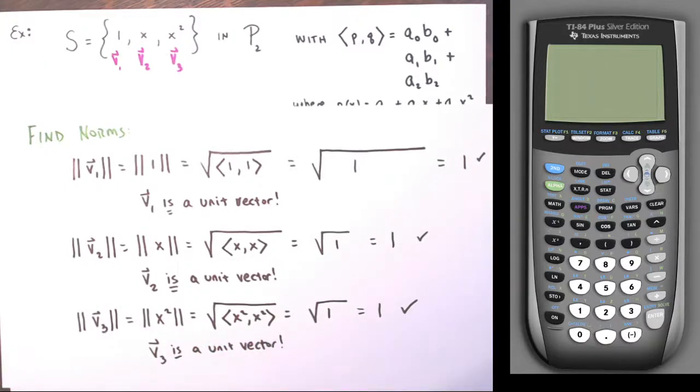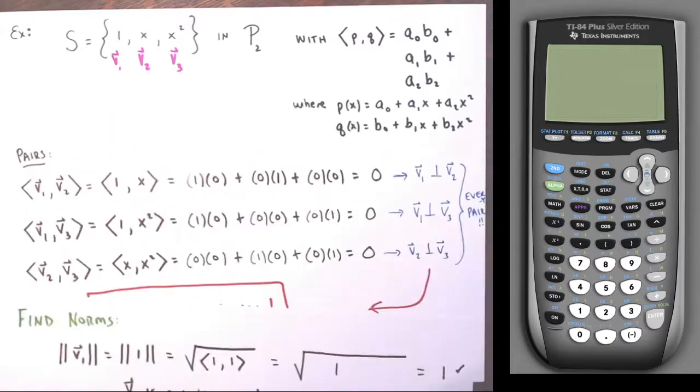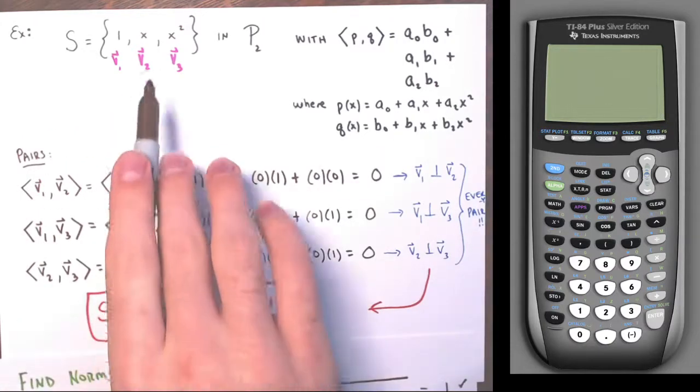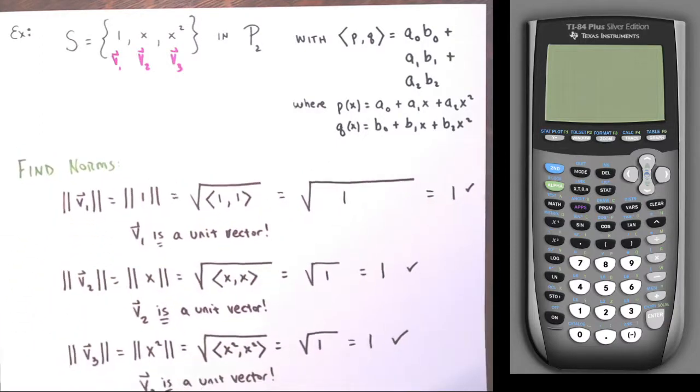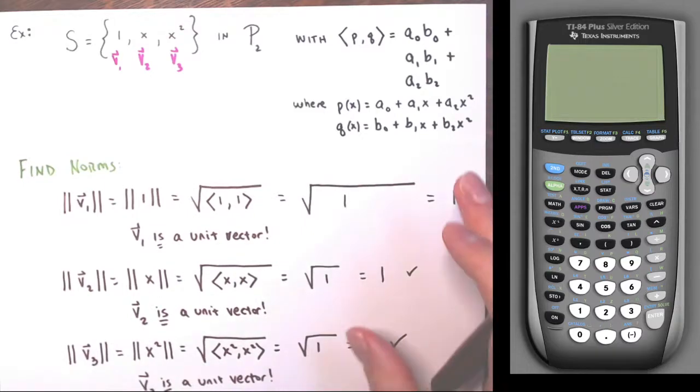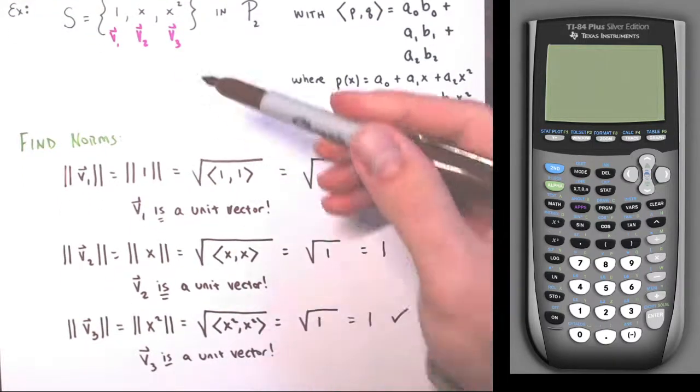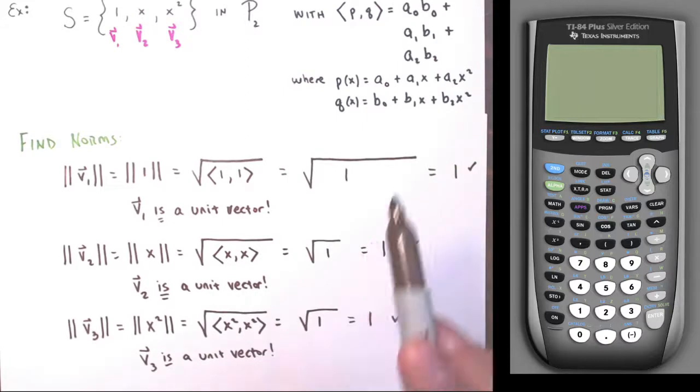So it's an orthogonal set first off. We showed it was an orthogonal set. Every pair of vectors was orthogonal. So it's an orthogonal set, and on top of that, every vector in the set is a unit vector under this inner product.